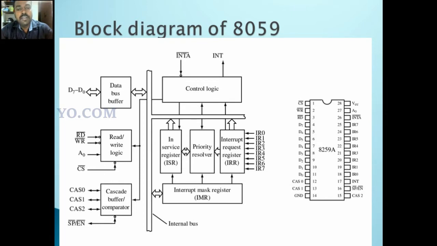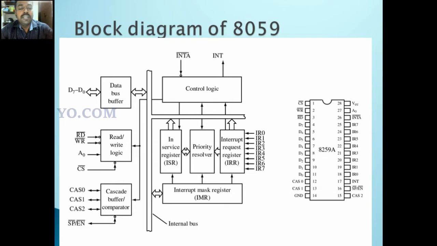It is connected with the 8086 microprocessor interrupt pin and INTA pin. The microprocessor has only one interrupt line, that is INT and INTA. So these two pins are connected with this control logic. According to the control logic, it will control the remaining interrupts.